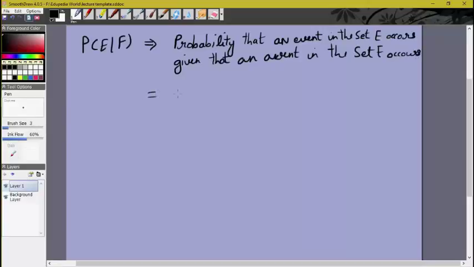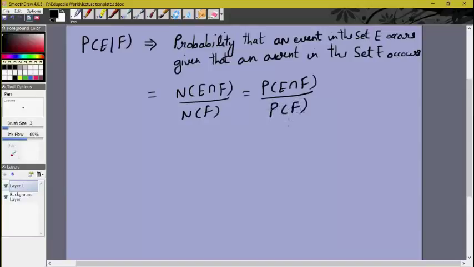It is equal to the number of ways both E and F can happen divided by the total number of ways F can happen, which is also equal to the probability of both E and F happening by the probability of F happening. Remember, F is not generally certain, right?